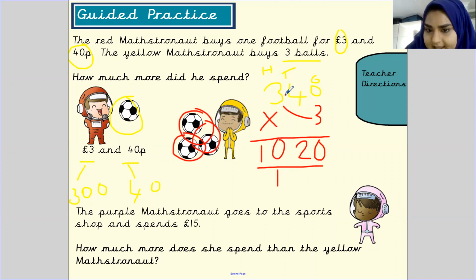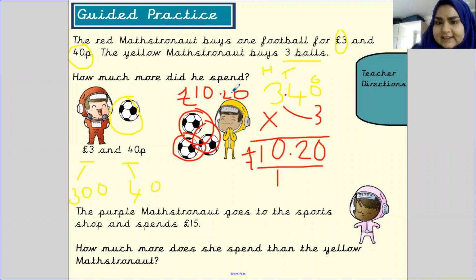Now remember, here is where I need my decimal point. So the yellow astronaut, his balls cost £10.20 altogether.